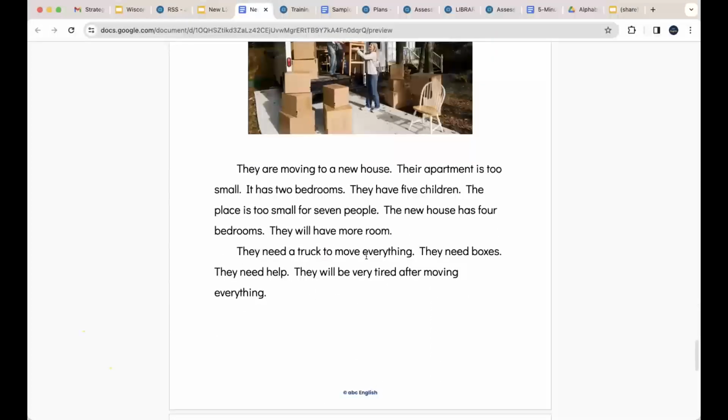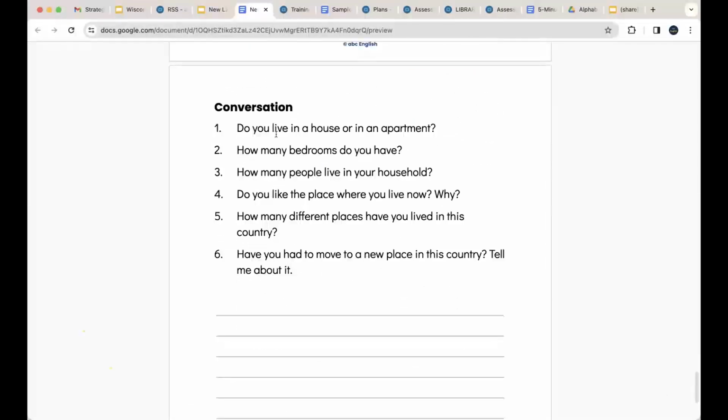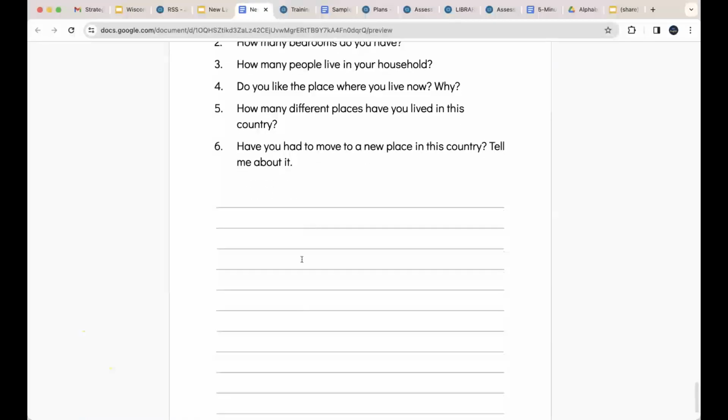This is an opportunity to read the story again with a focus on fluency. And then at the end, for students who are kind of fast movers, they can get to this before the end of the hour where they'll have an opportunity for a conversation and some writing practice.